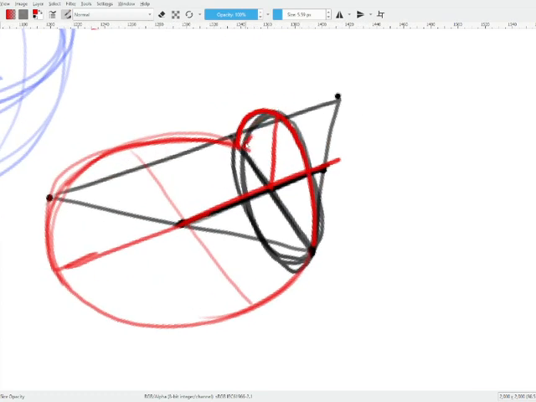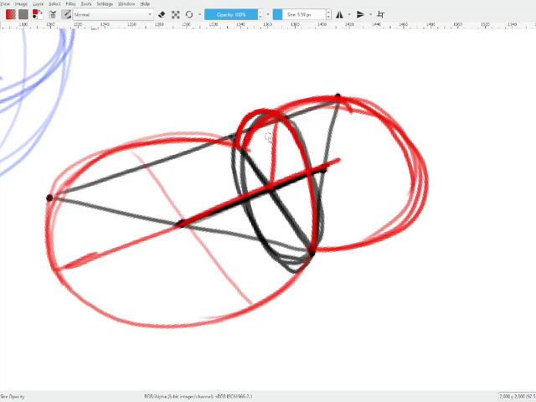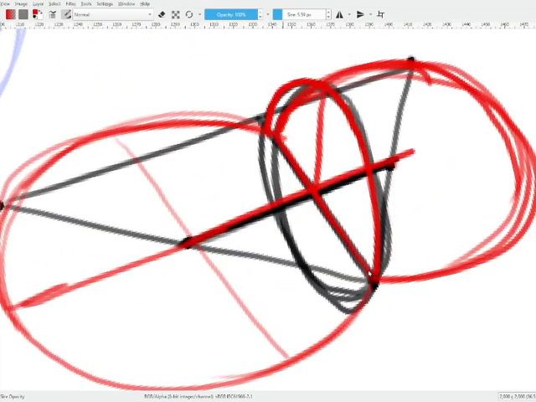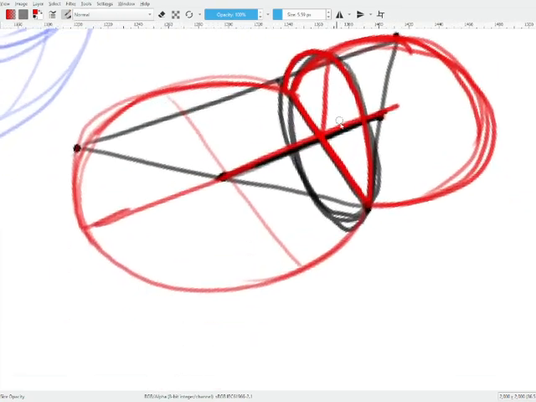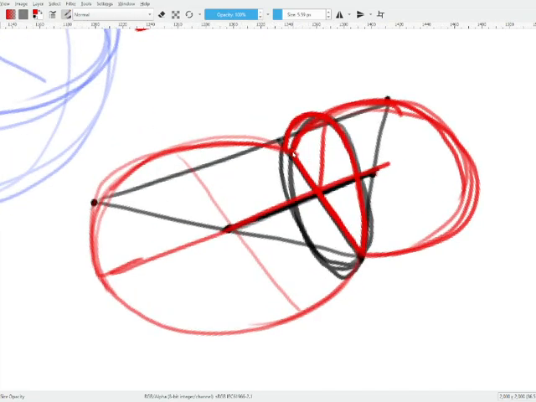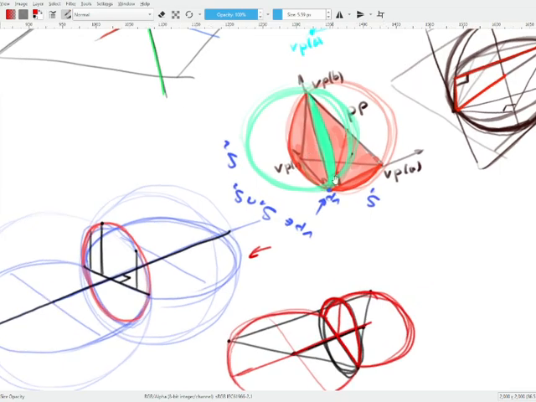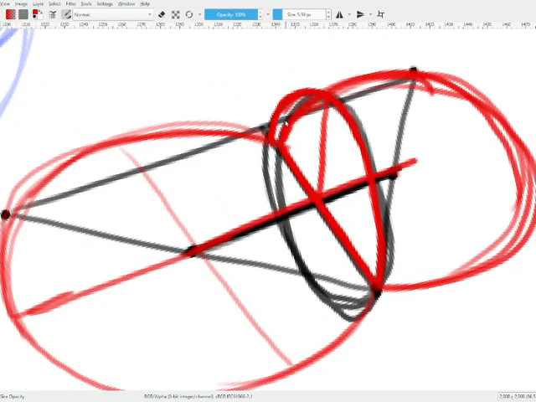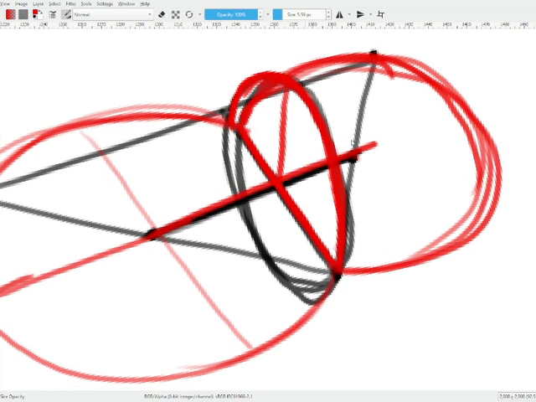We have some section of a smaller sphere. And we know that our original point, which is the view position, should be somewhere on this thing. So it should be projected on this yellow line.